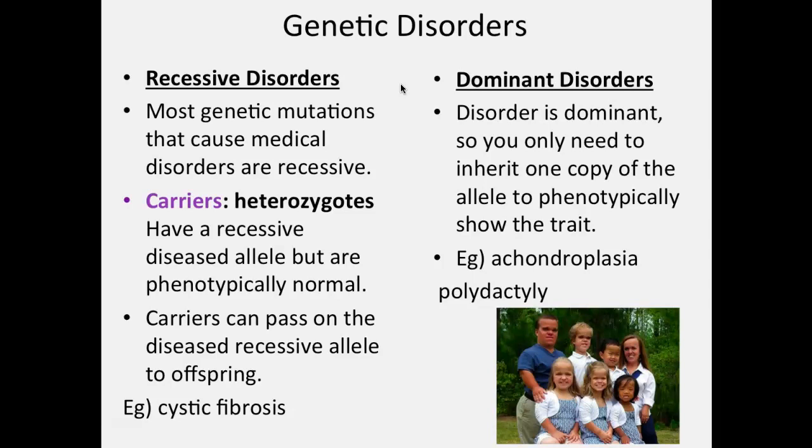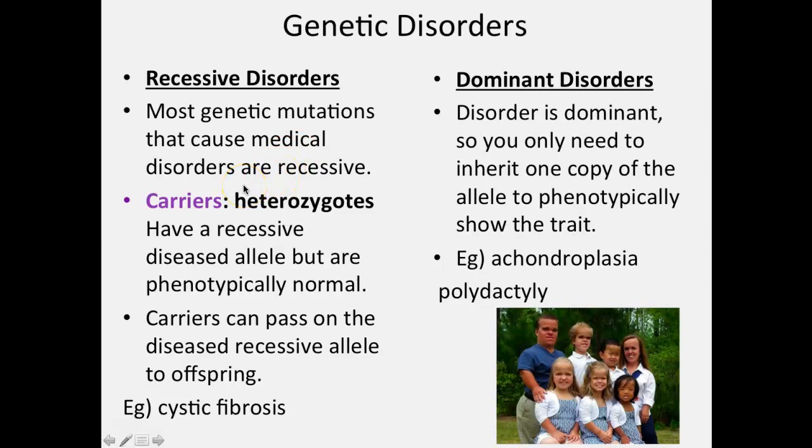Then over time, sometimes those dominant alleles get mutated or they change a little bit, right? And so that causes an alternative version that is usually a recessive phenotype. So in terms of genetic disorders or problems, most of them are because of recessive traits. Okay, not all, but most.